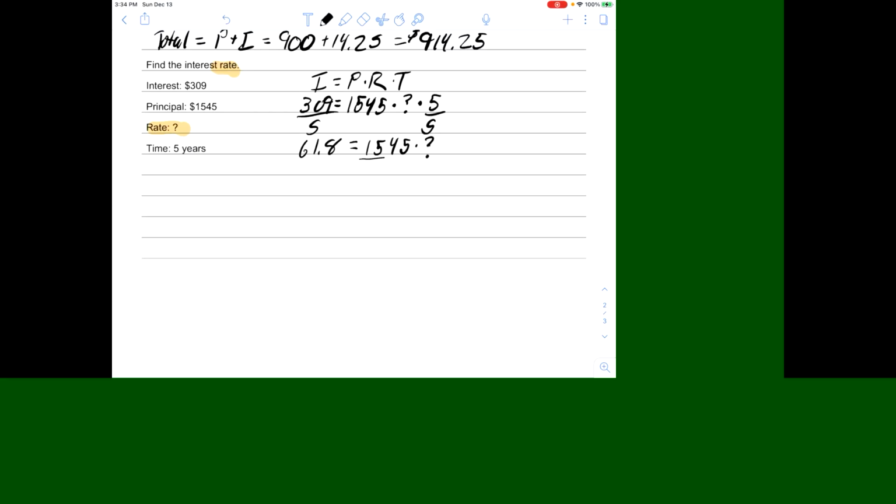The next thing I have to do is divide by 1,545 on each side. That's going to give me a decimal. Once I have that decimal, I can turn it back into a percent. So after you do this division, take that decimal, turn it back into a percent, and that will be your interest rate. So this is the answer that you're going to put in for your simple interest check to move on to the rest of the folder.